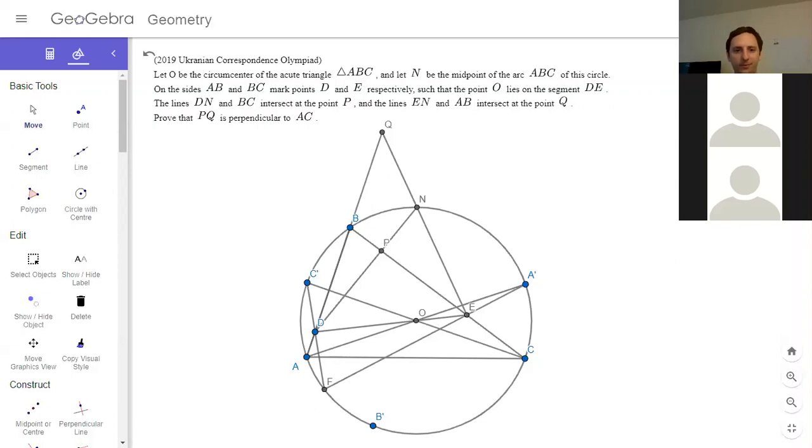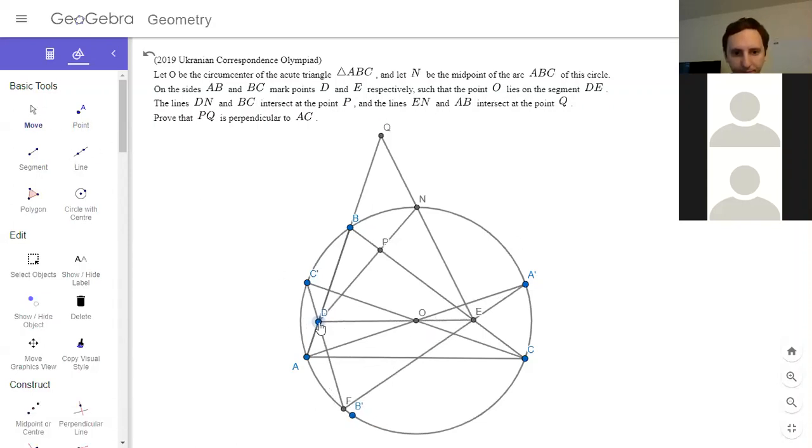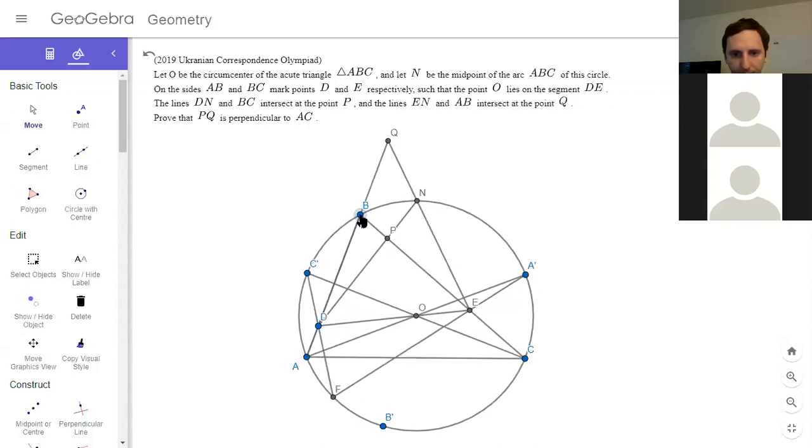PQ, let's see. Yeah, maybe we could show, just trying to wonder if we could use an orthocenter somewhere. Let's see. Is QP by any chance equal to AC prime?